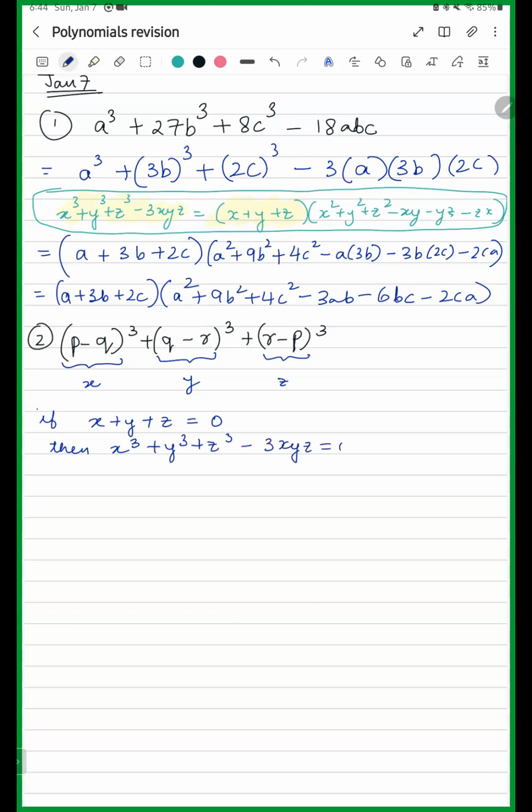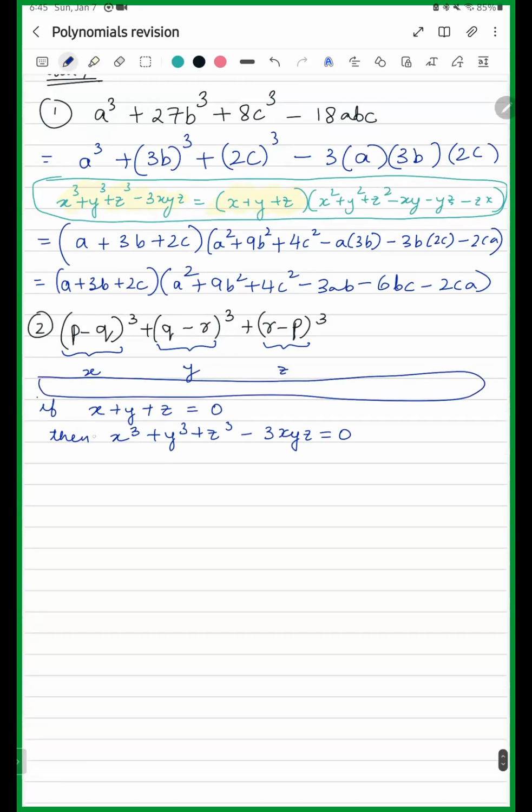In your exam, you will always have to mention the identity which you are using here, and here we are using this green identity. So you will write it again over here. In this identity, if x plus y plus z is 0, then the LHS becomes equal to 0.